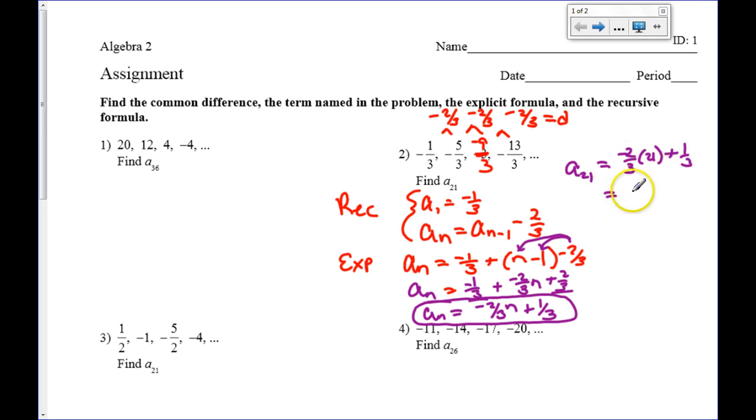So -2 times 21 is -42/3? Yeah. Nope, I'm putting it into this formula right here. So I'm putting in 21 into n right here. So -42/3 plus 1/3. So A sub 21 should be -41/3. And that should be your answer for that.